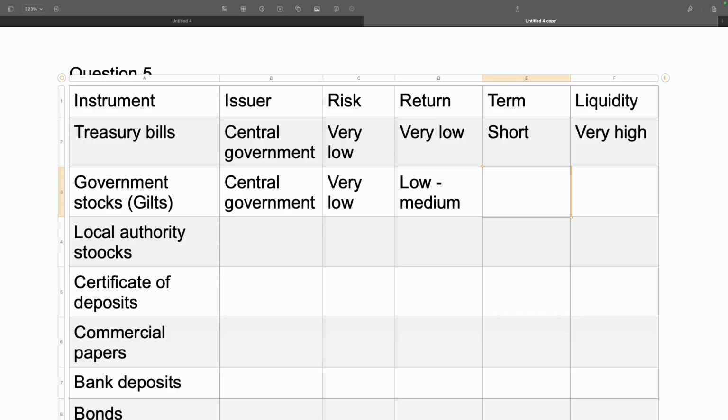Now, in terms of term, tends to be... Next one you got local authority. So this one is going to be local government.